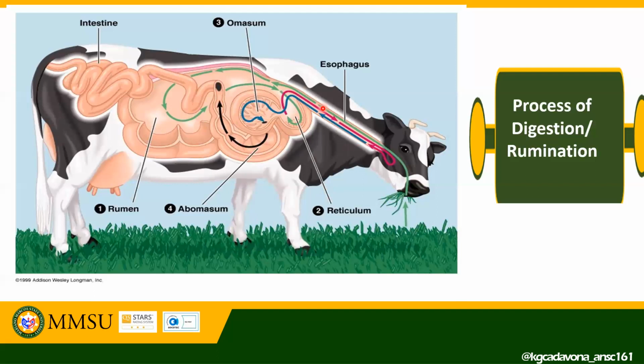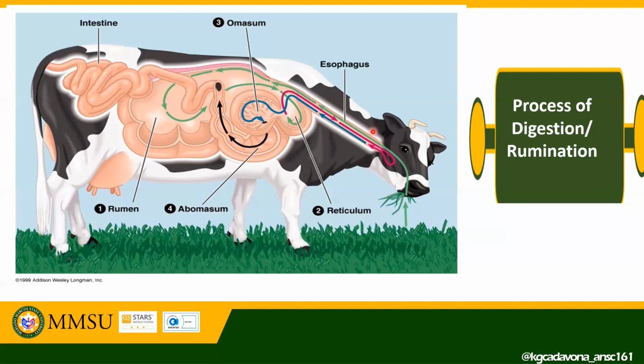So after na ma-rechew, ma-re-insalivate yung feed particles, that is now the time na mare-reswallow again yung feed particles na nanggaling dito sa mouth. But then after that, it will now be pushed through to the omasum. Pupunta na siya kaagad kay omasum. Hindi na siya babalik kay rumen at saka kay reticulum.